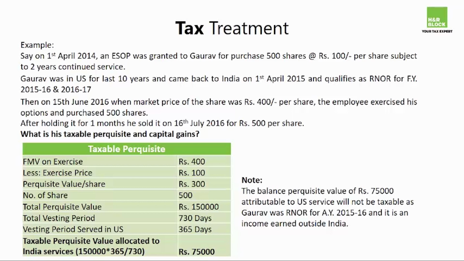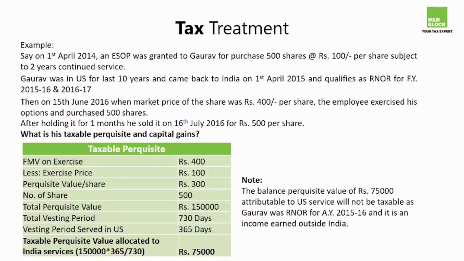So the period beginning 1st April 2014 till 1st April 2015, this 1 year, was served outside India and the balance period was served in India. So 1 year outside India, 1 year in India. Out of the total 730 days, 365 days in India and 365 days outside India. So we can apportion this perquisite value in two parts based on this number of days.